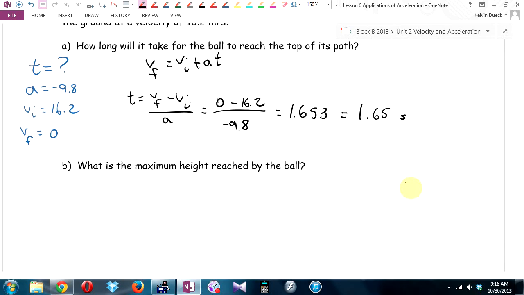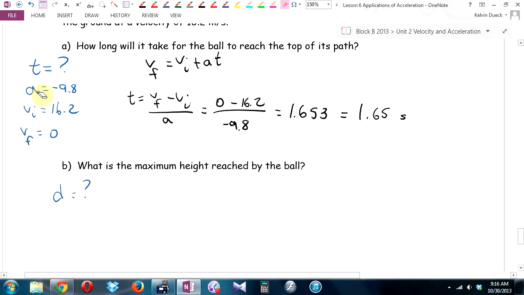Jacob, what's B asking me to find? Which variable is that? Oh, D. I don't think anything else has changed. I'm not going to rewrite the data. I have my data right above me in part A. So I'm looking for an equation that has D, VF, VI, and A. Is there one?